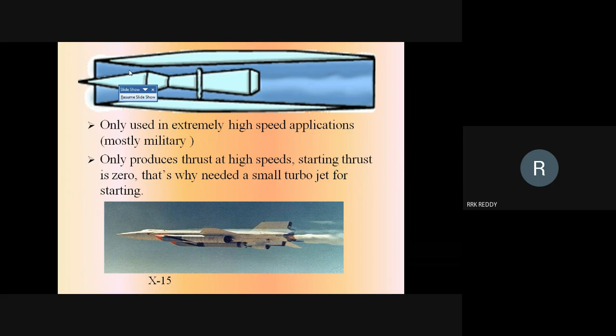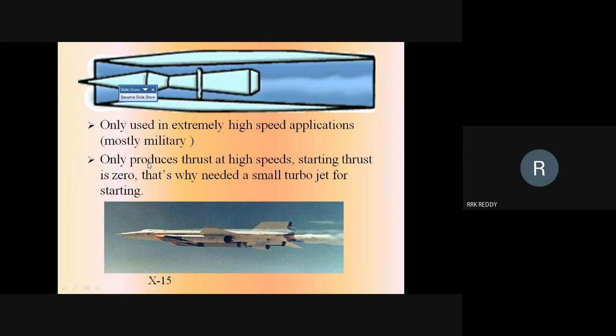But here there is no frontal fan, no propeller, and no compressor, so we don't need any gas turbine. For pressure rise we use the diffuser, for heat addition we use the combustion chamber, and for converting heat energy into kinetic energy we use the nozzle. Used only in extremely high speed applications, these ramjet engines are used for military applications.